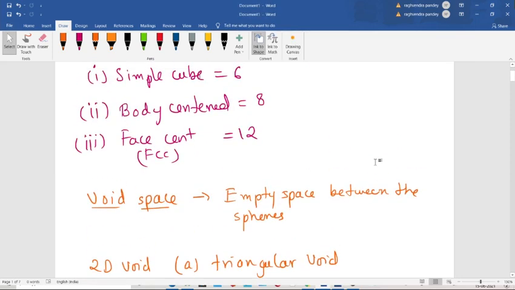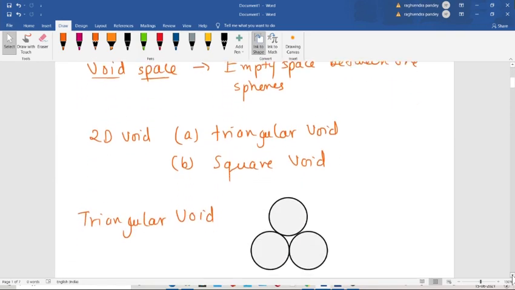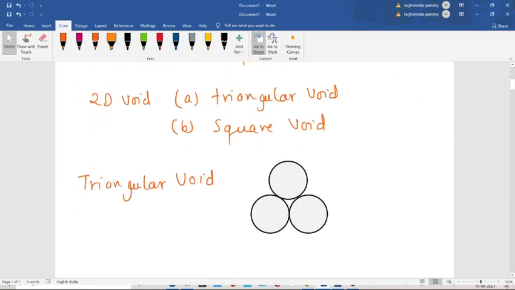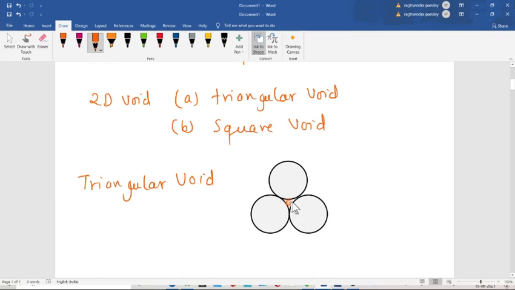If the 3 spheres are arranged like this, the space here is called the void space. This is the void space.